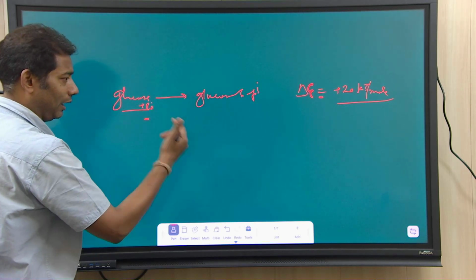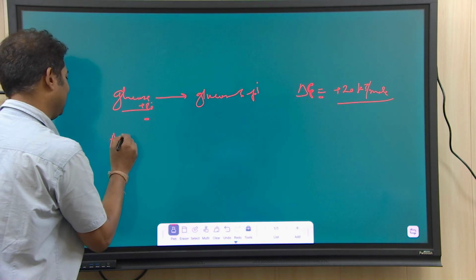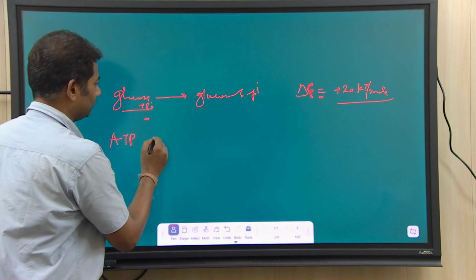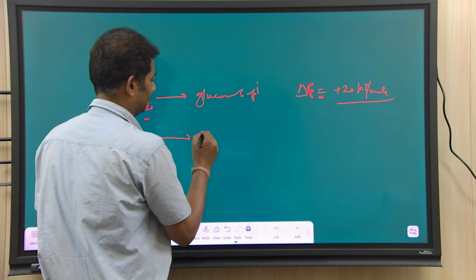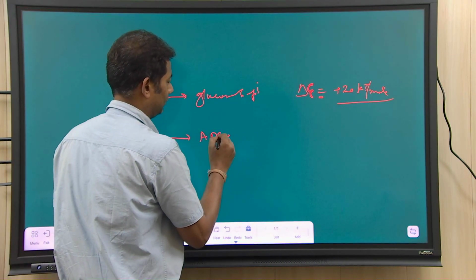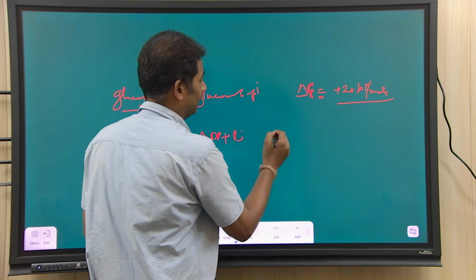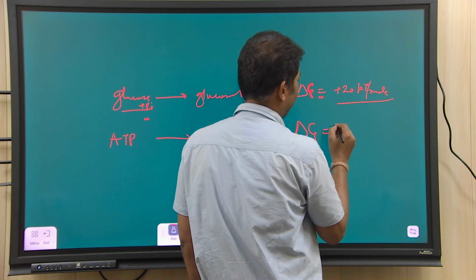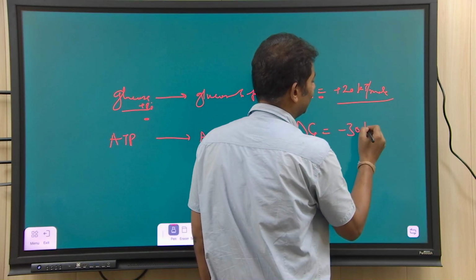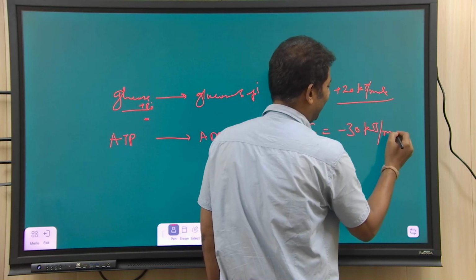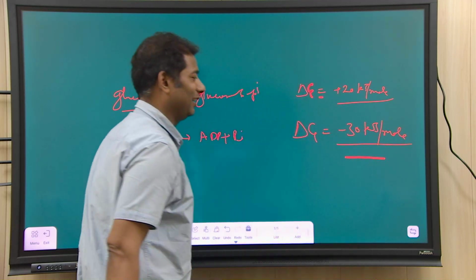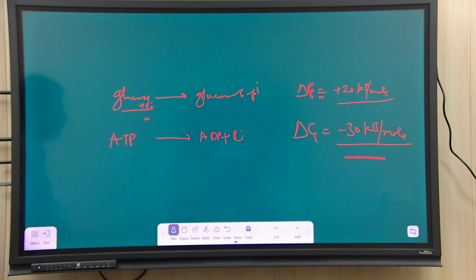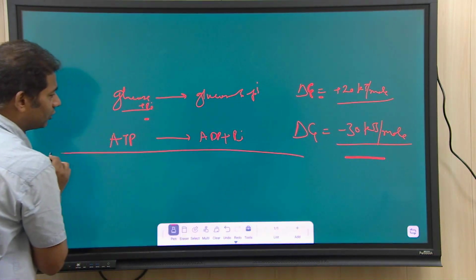So I am writing here another reaction, that is ATP hydrolysis. This reaction is highly spontaneous as its delta G is minus 30 kilojoule per mole. What does the cell do? Cell just couples these two reactions.